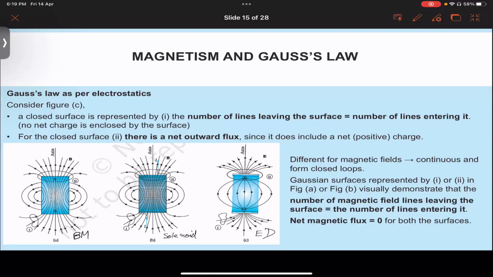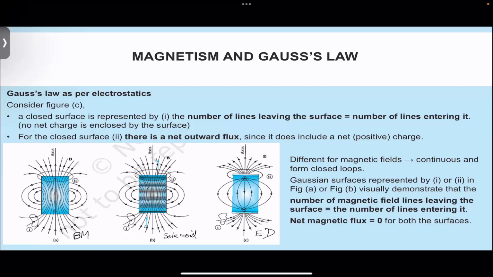When we had learned about Gauss's law, as per Gauss's law, a closed surface can be represented by, over here we are considering two surfaces. This is 1 and this is 2.